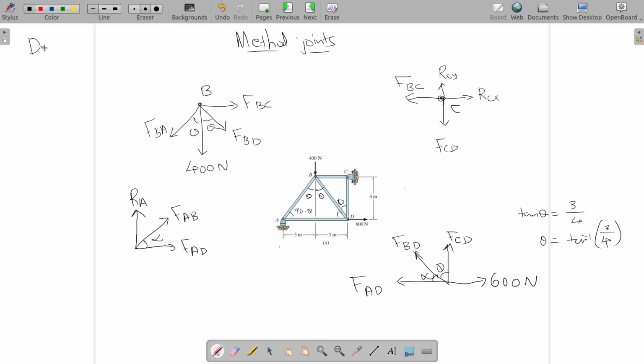Okay, draw free body diagram of the whole structure, the whole truss.